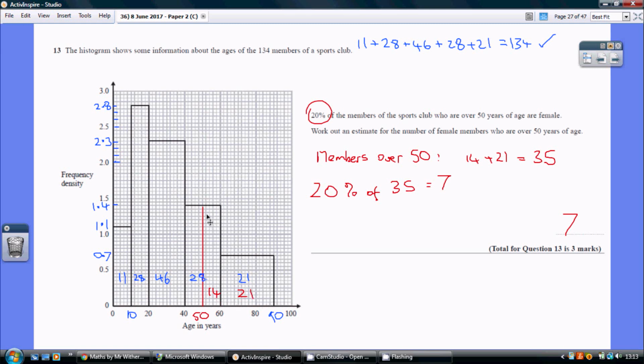So this little area here, this right hand side of this bar, is half of the 28, which is 14. Clearly this area is 21, so 14 add 21 is 35. So we have 35 members who are aged over 50, be they male or female. Now we're told that 20% of these are female, so 20% of 35 is 7.